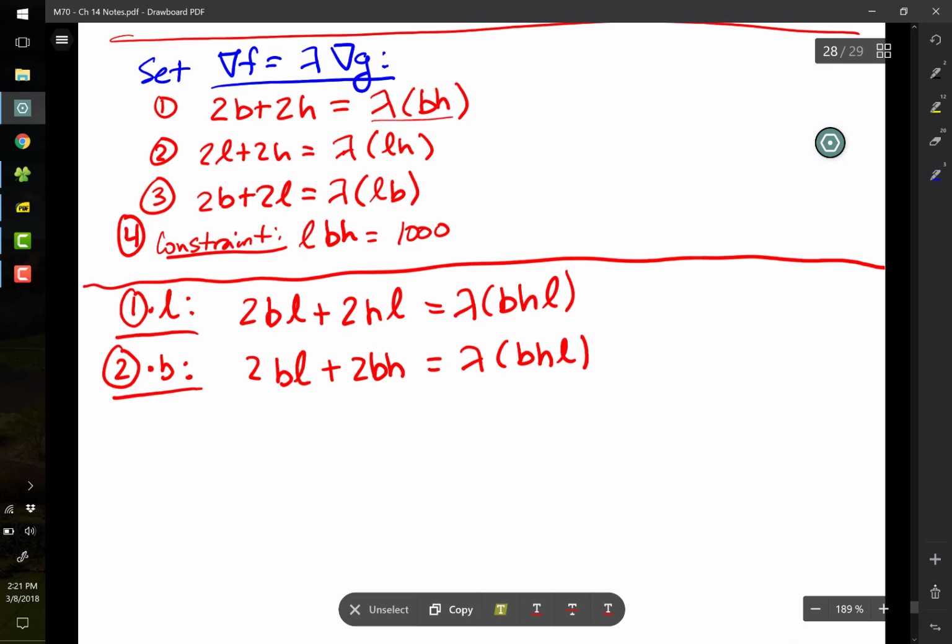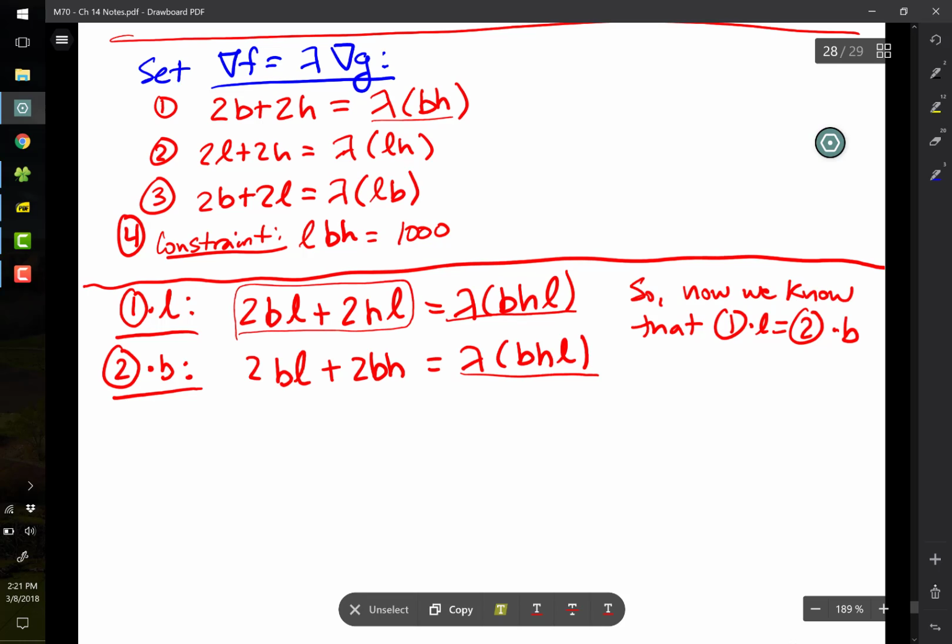Now that's cool because I notice that this is equal to this, so we now know that equation 1 times L is equal to equation 2 times B. So we can set them equal to each other. I can set this left-hand side equal to that right-hand side, and that gives me 2BL plus 2HL has to equal 2BL plus 2BH.